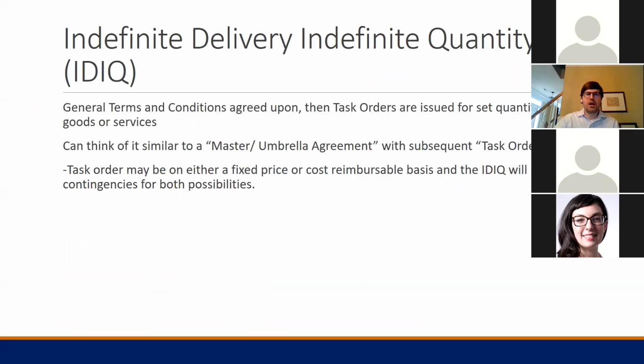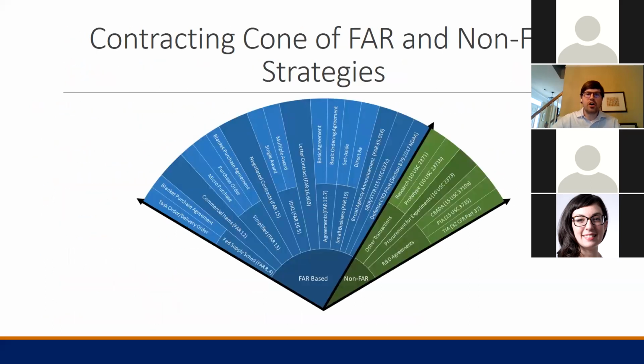But if we go back to the cone, you have IDIQ, which is specified under FAR 16.5. And so basically there's a specific, and this goes to a later point, anything you're doing in the FAR has to be authorized under the, the R in FAR is regulation. And so it's binding law.